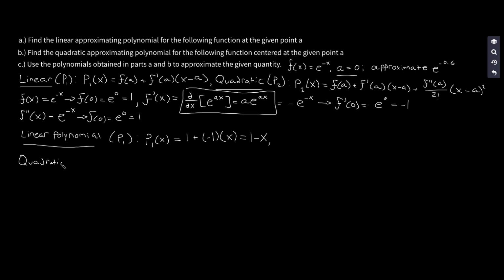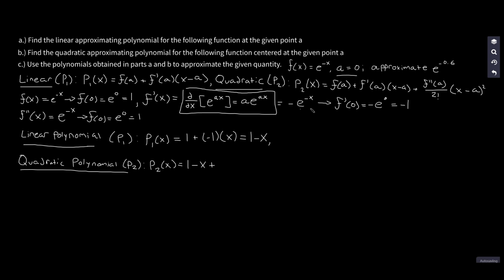Quadratic polynomial p sub 2. Let's look at the formula. Well, the first part, we already did the linear part, 1 minus x. So that's going to stay like that.